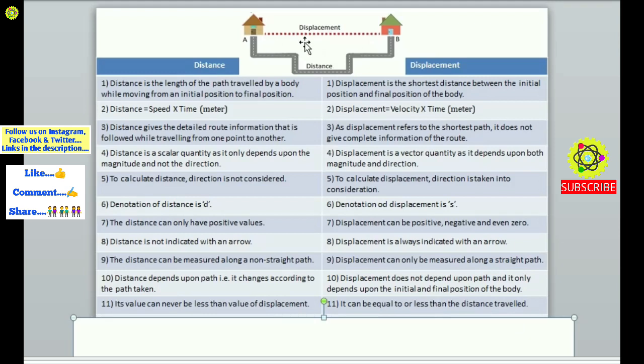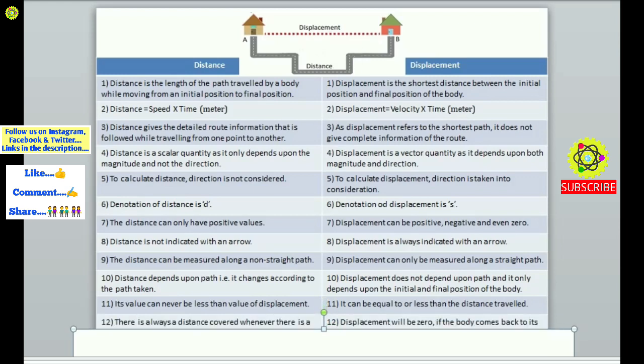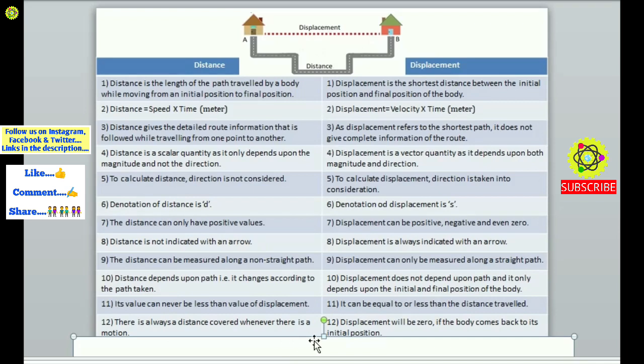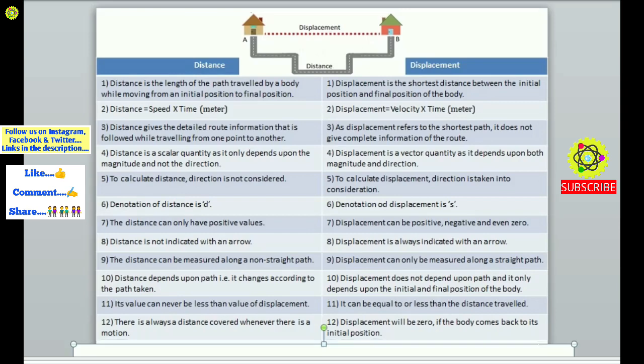As you can see here, this is the shortest distance, and the distance can never be less than the displacement. Further, there is always a distance covered whenever there is a motion. But in case of displacement, displacement will be zero if the body comes back to its initial position.